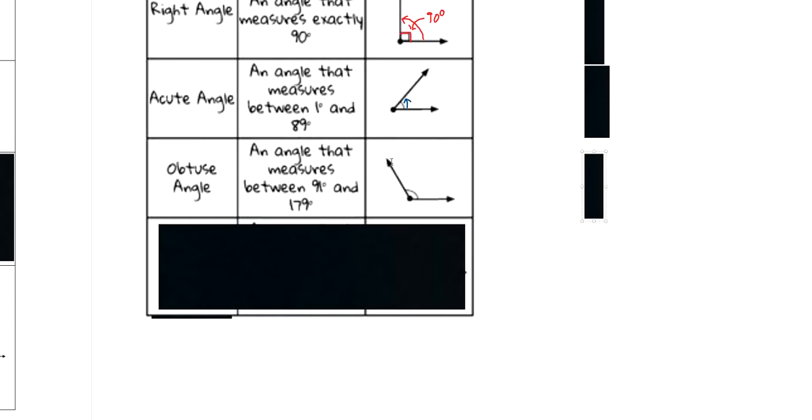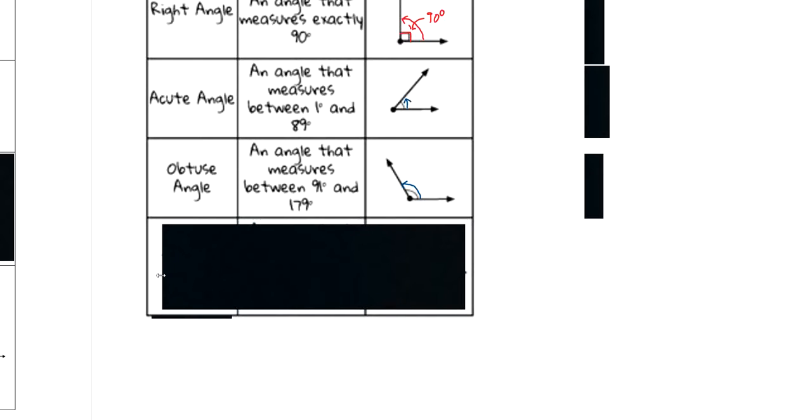Here we have an example of one. We can see here the rotation to go from facing this direction to now facing this direction. Here would be 90. We had to spin a little more than 90, so this would be obtuse because we had to rotate more than 90 degrees.